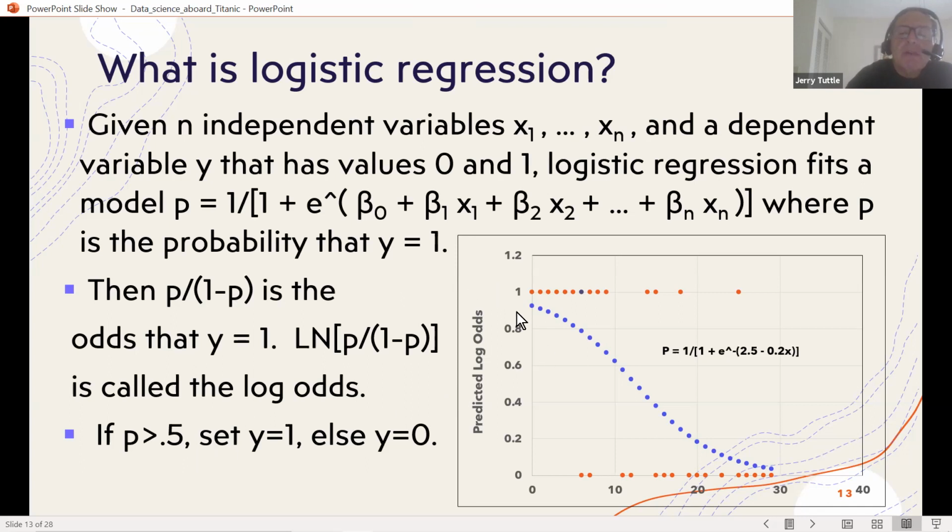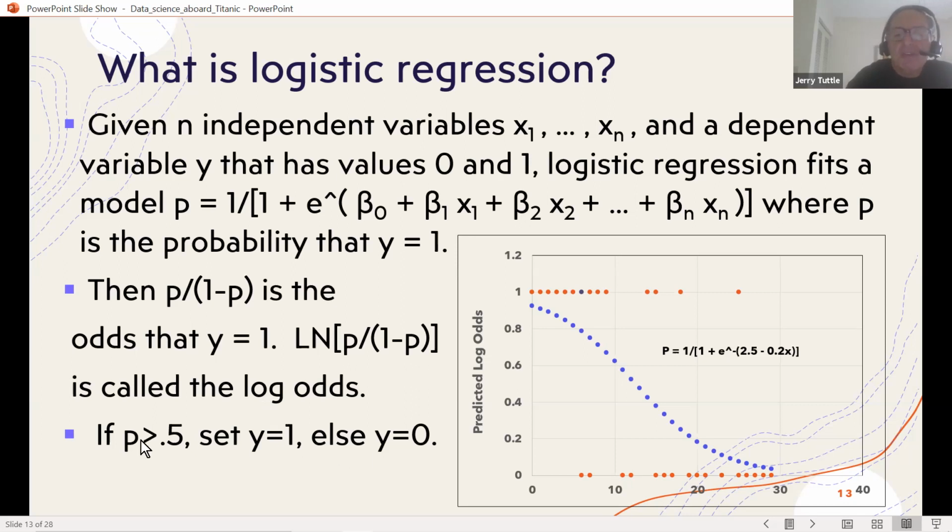And generally, when we do these calculations, we do need to set some sort of threshold on probabilities. Commonly, we initially set the threshold at 0.5. And we say if the regression predicts a value greater than 0.5, we're going to call that a y equals 1, which here is survival, otherwise y equals 0.